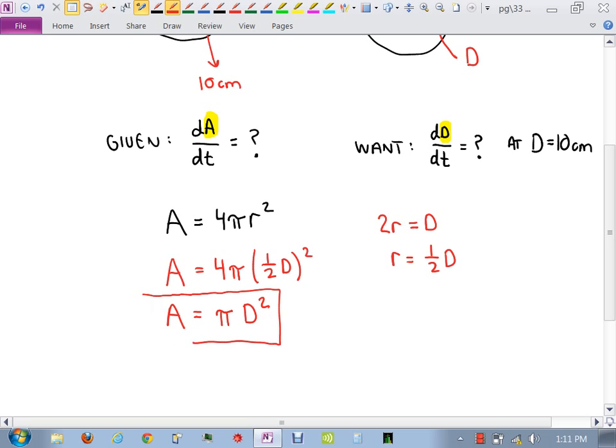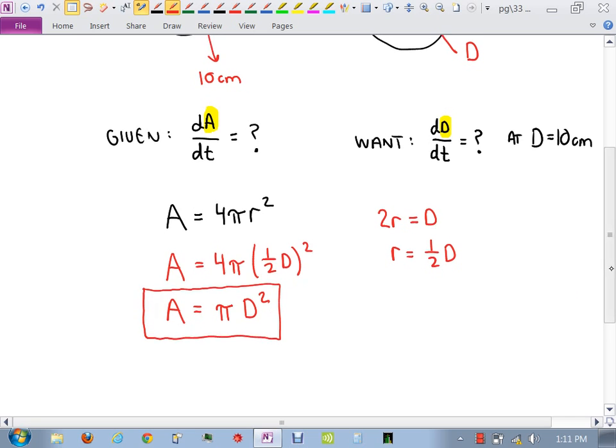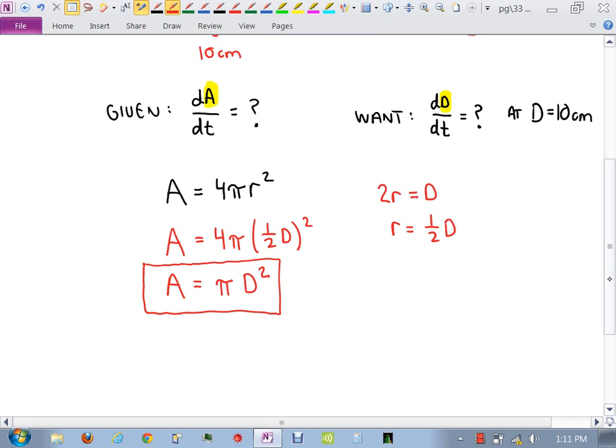An equation relating the two variables that I want to find derivatives of. So what do I do with that equation? What do y'all think? Plug in the diameter? Not yet. You must differentiate first.